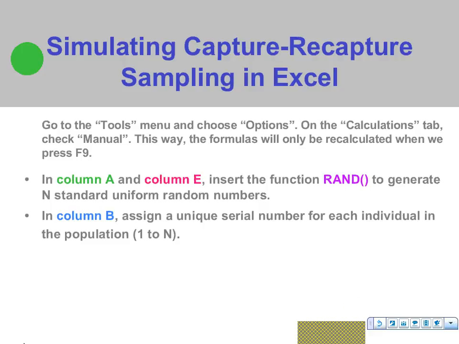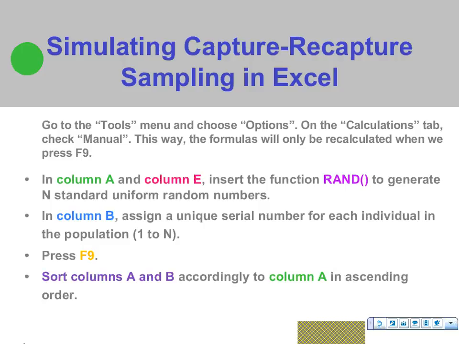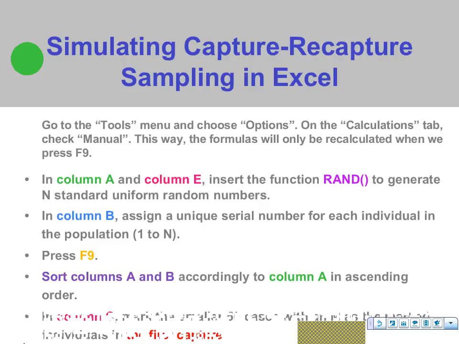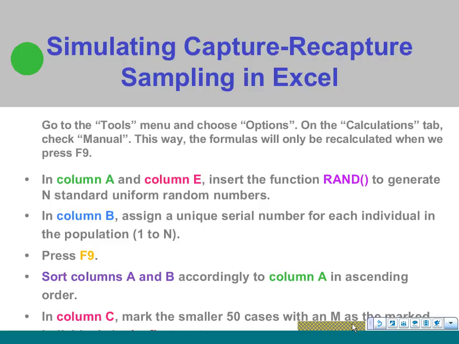The way that we're going to select the individuals to be marked is by ordering columns A and B according to column A. Then we're going to mark the 50 smaller cases according to column A. Let me do that in Excel so that you can see it.